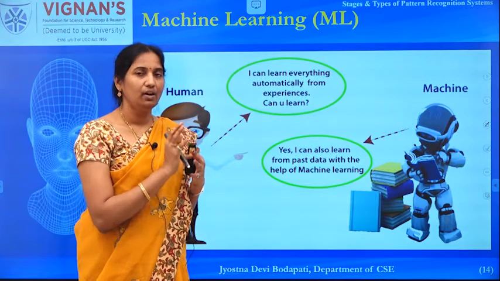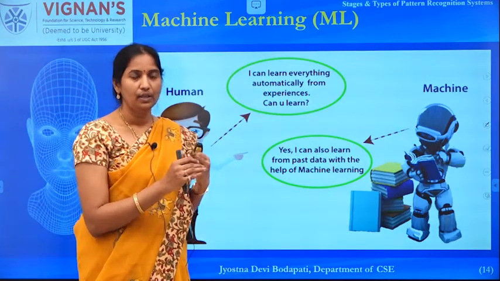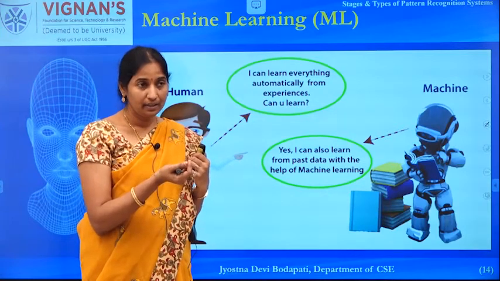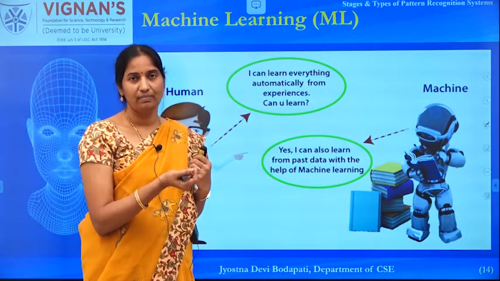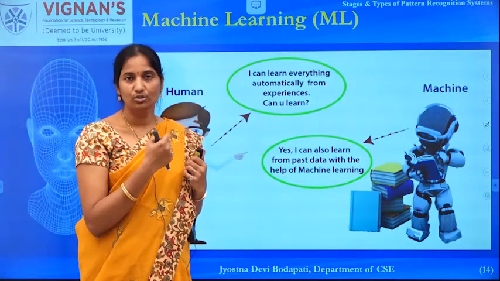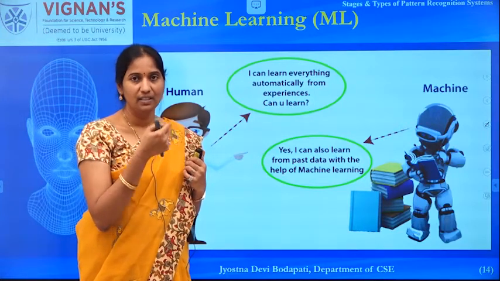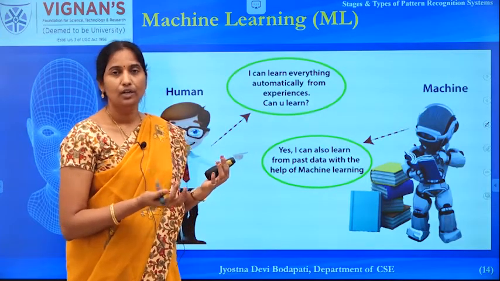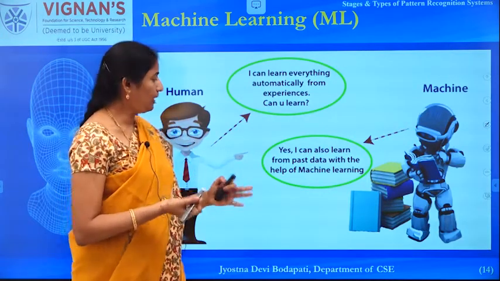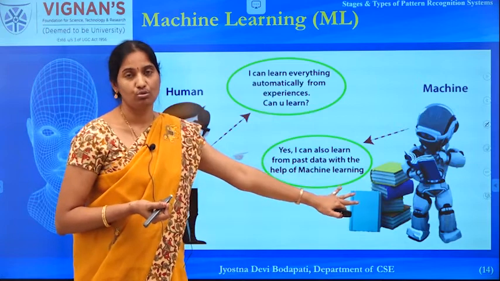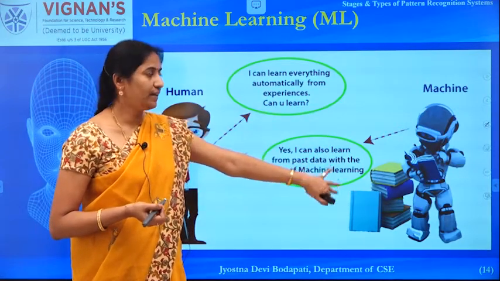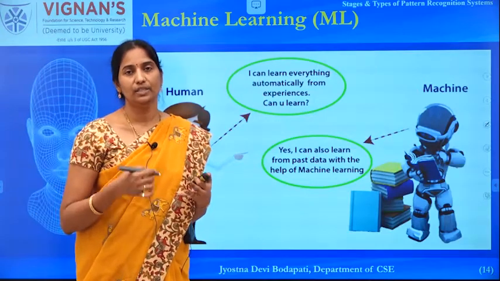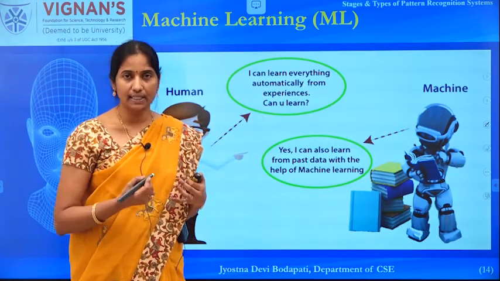For example, we humans can identify a digit, read text, listen to songs and analyze text, right? We can smell things, right? Can we incorporate that kind of cognition into machines also? If we can incorporate such kind of cognition in machines, then it is called artificial intelligence.